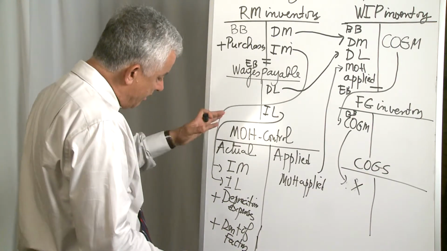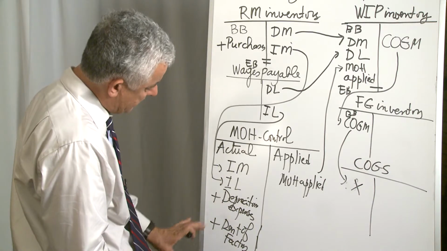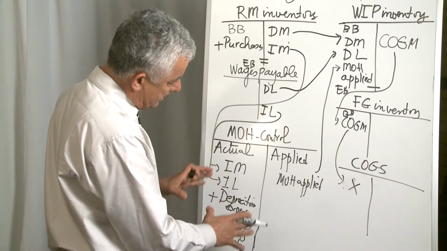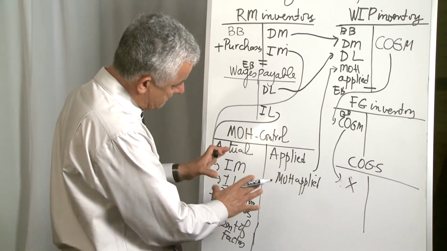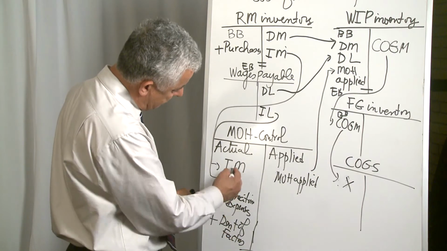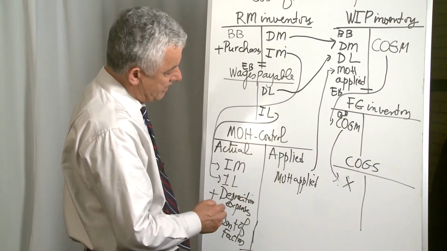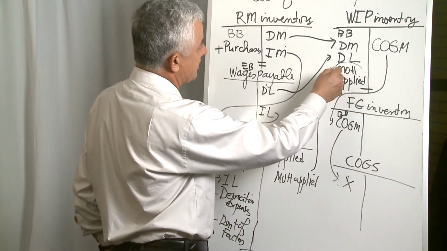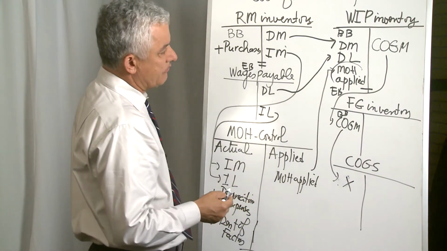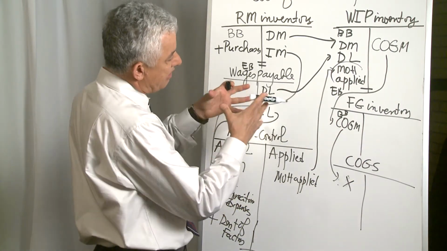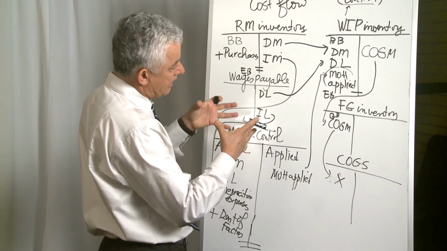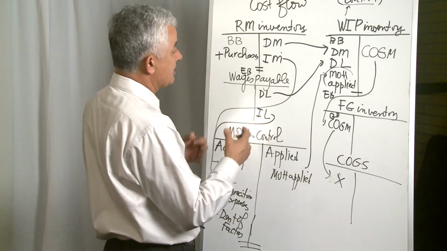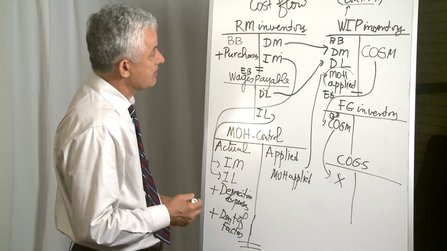All actual overhead costs will be accumulated here, and at the end of the period, as I mentioned in chapter 4, there will be an adjustment that disposes of the difference between the actual manufacturing overhead incurred throughout the year and the manufacturing overhead applied. We don't wait until the end of the period to apply our manufacturing overhead to different jobs. So for the sake of timeliness, we need timely information, we forgo the accuracy. We don't use the actual, we use the applied. So at the end of the period, there will be an adjusting entry taking place.